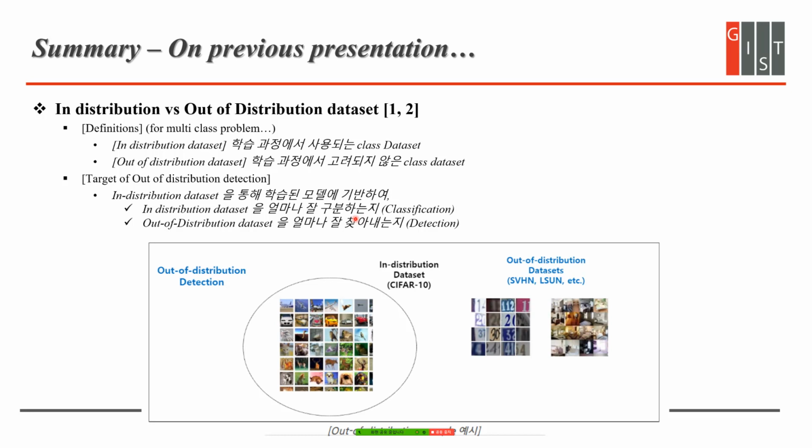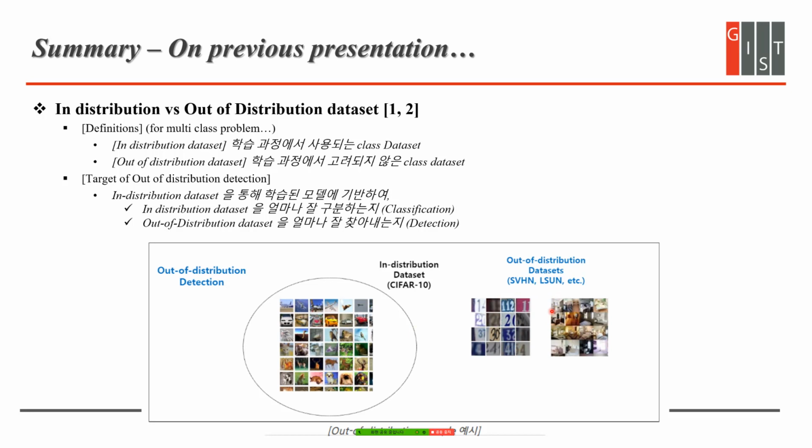To understand out of distribution, we have to talk about the in distribution and the out of distribution dataset. The in distribution dataset means the class dataset whose samples are used in the training procedure, and out of distribution means not included in the training procedure.